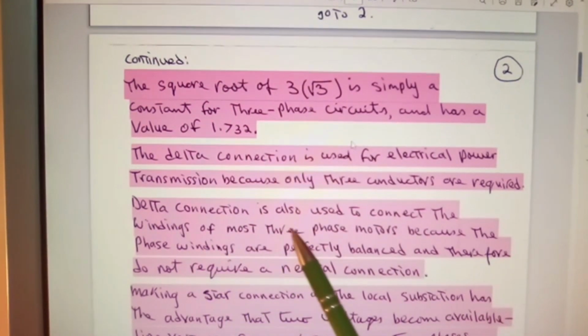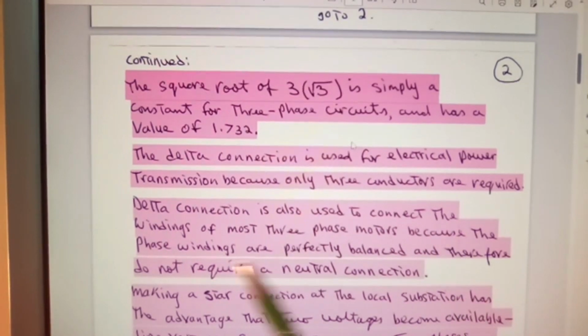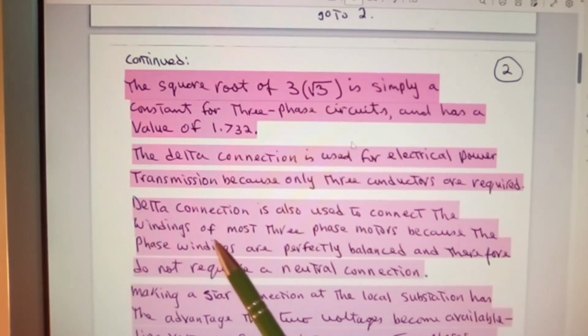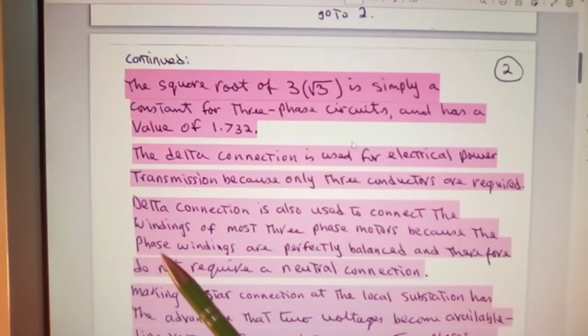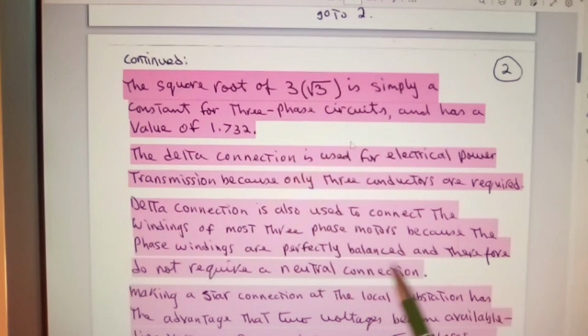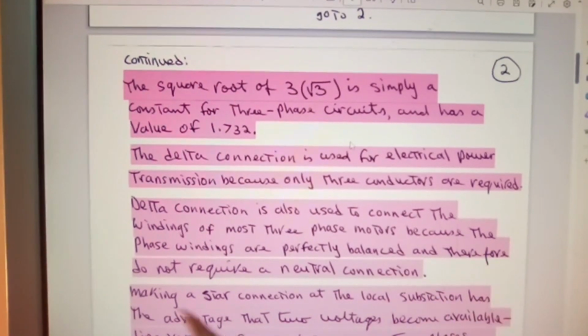Delta connection is also used to connect the windings of most three-phase motors because the phase windings are perfectly balanced and therefore do not require a neutral connection.